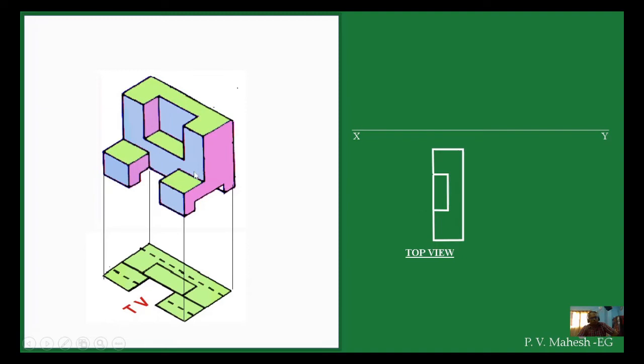Now these edges will collapse here, and these two rectangles will be beside this, like this. Now through this corner there is a hidden edge, through this corner there is a hidden edge, and through this corner there is a hidden edge. You draw those two hidden lines. Okay, so this is the top view. Here I am not giving dimensions. You just measure, see what the dimensions are here, and draw appropriately.